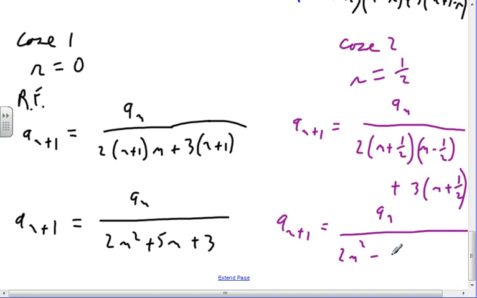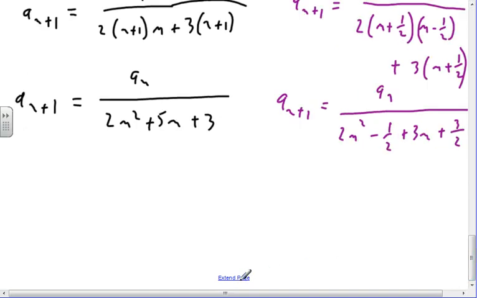That's going to be a 1/4, so that'd be a 1/2. And then it's going to be plus 3n plus 3/2. So a_{n+1} is going to be a_n over 2n squared plus 3n plus 1.